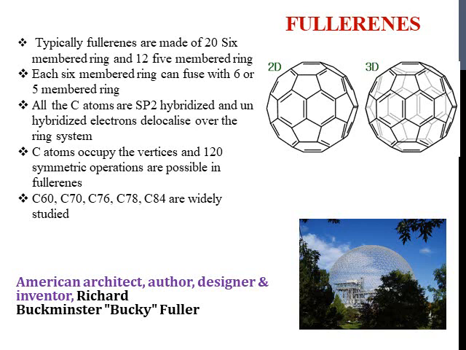The carbon atoms occupy the vertices, and almost 120 symmetry operations are possible in typical fullerenes. Fullerenes containing C60, C70, C76, C78, and C84 carbon atoms are widely studied.